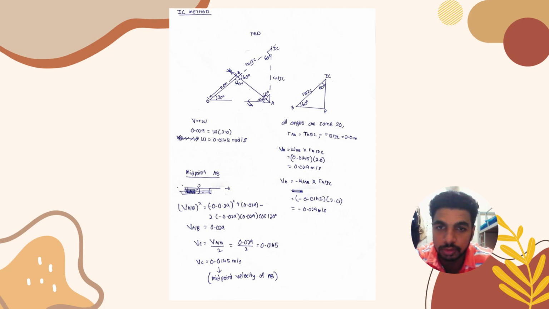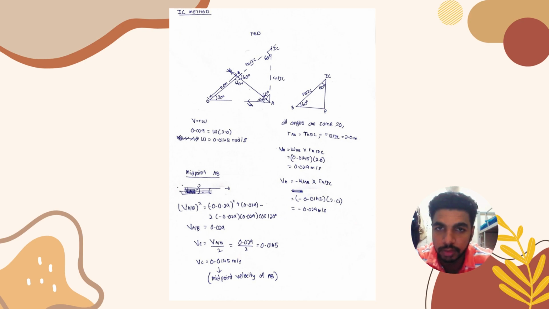In order to find the midpoint velocity of AB, we have to find VAB first. So we use the cosine rule, which is VAB equals 0.029 squared plus 0.029 squared minus 2 times negative 0.029 times 0.029 and cos 120. Using the information on the lines between AB, we got the answer as 0.0292.